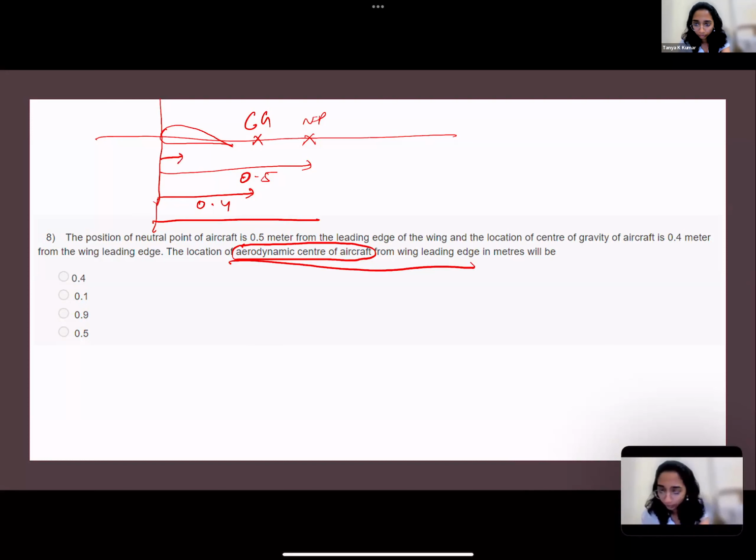So why here? Can you tell me what was your thought process behind it? Why 0.1, Harshit?